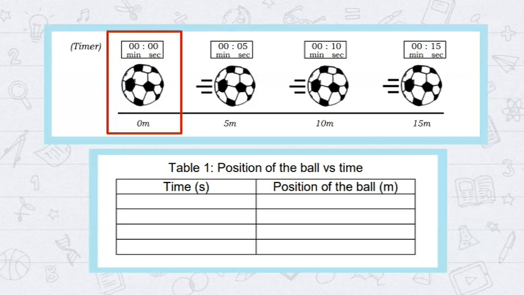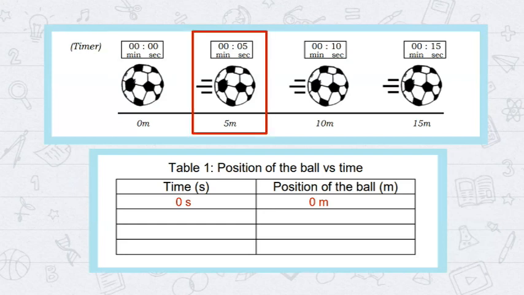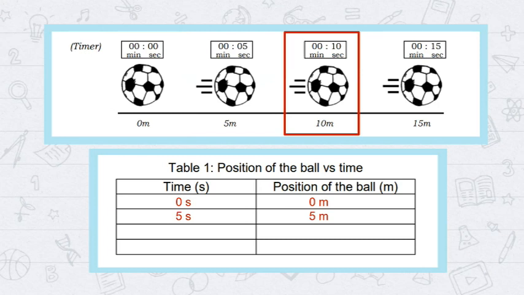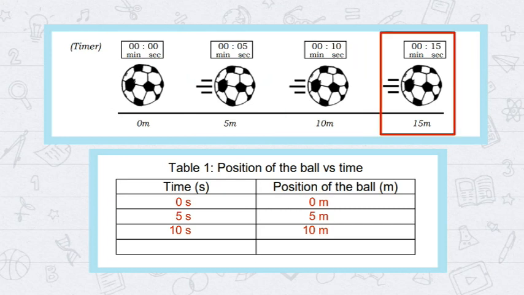Initially, the position of the ball at 0 seconds is 0 meters. Next, after 5 seconds, the position of the ball is at 5 meters. At 10 seconds, the ball has traveled 10 meters. Finally, at 15 seconds, the ball has traveled 15 meters.